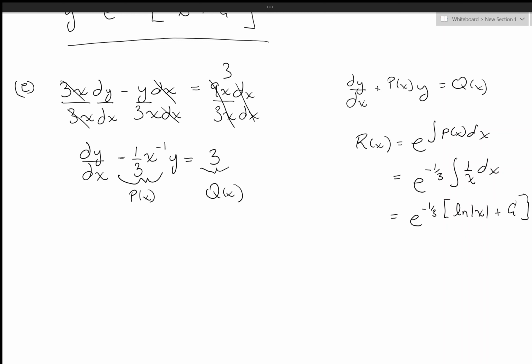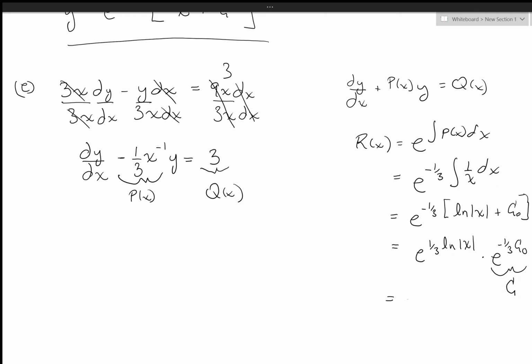Now this constant is basically called C naught. This right here is just a constant, okay?